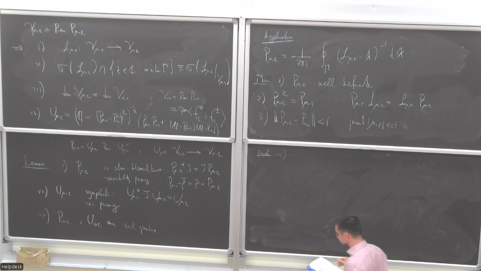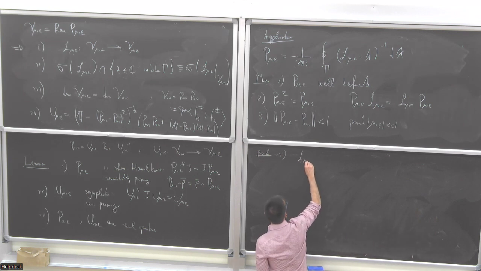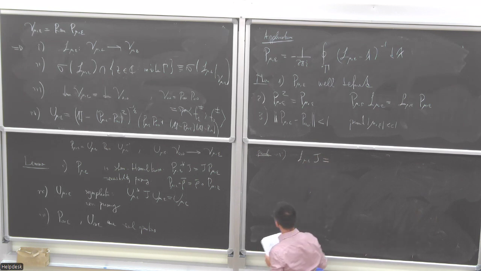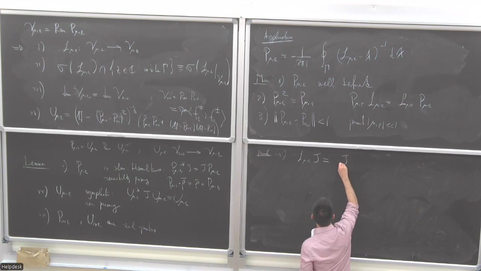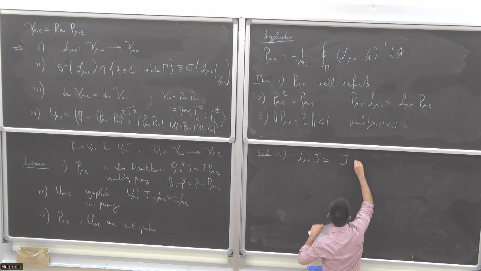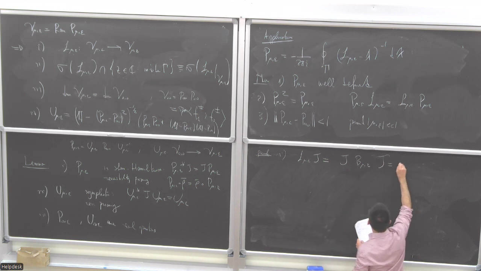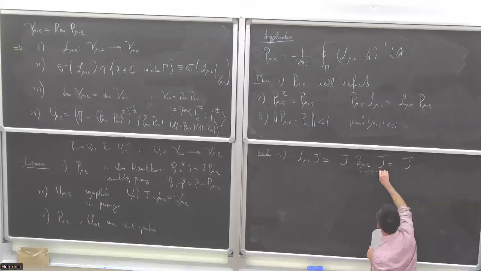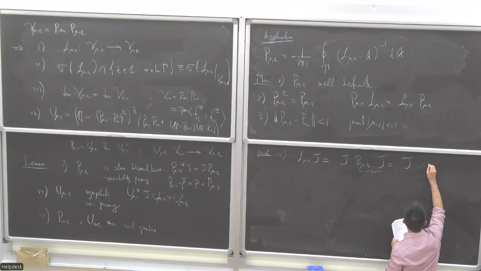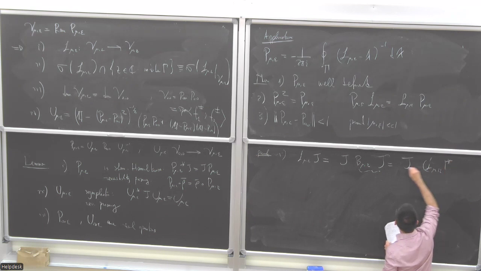Okay, so L mu epsilon J, what is L mu epsilon J? So this is J B mu epsilon J, and I can now read this as L mu epsilon star with a minus.